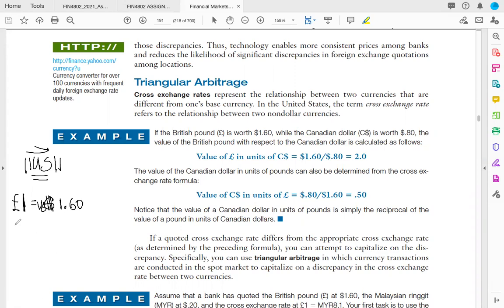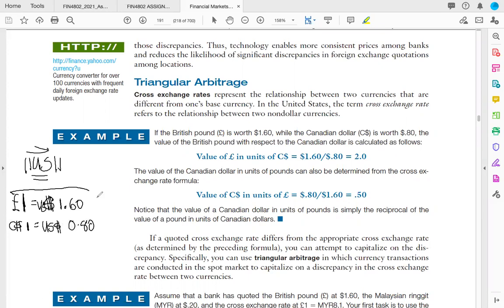And then let's say the bank also tells you that $1 Canadian is worth 80 cents US dollars.